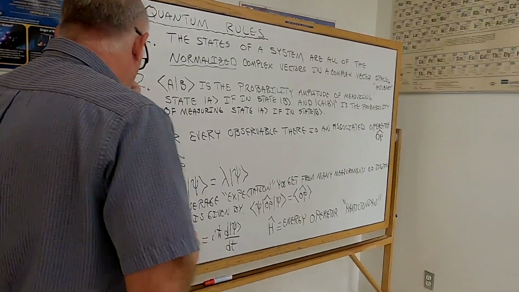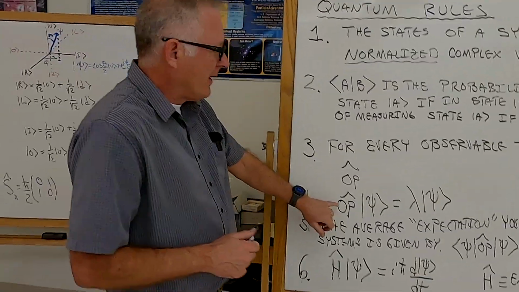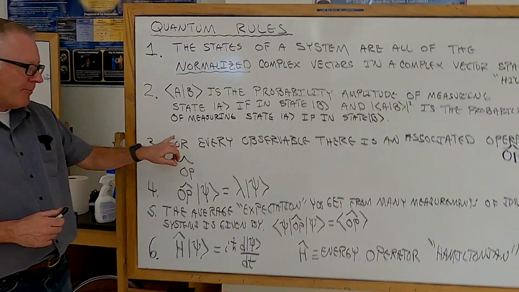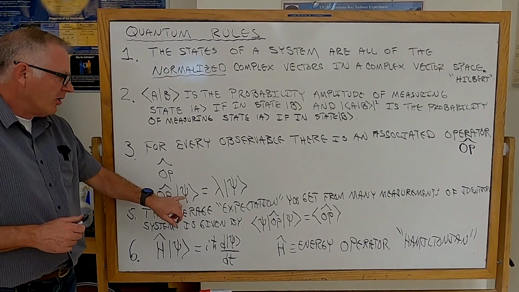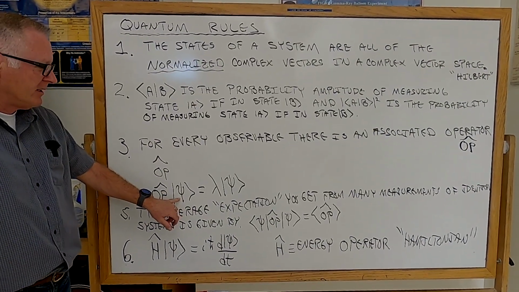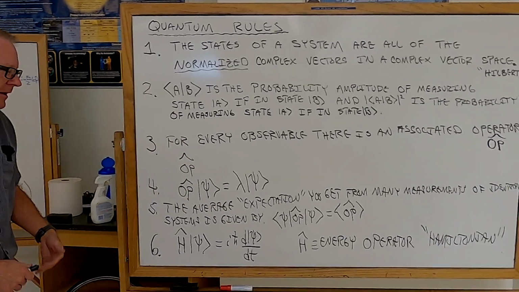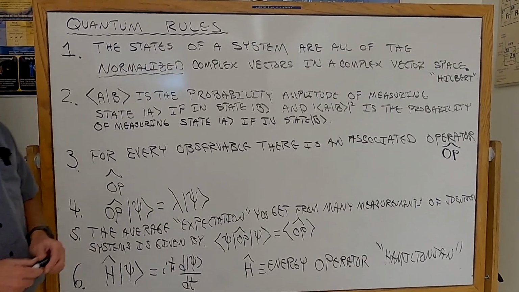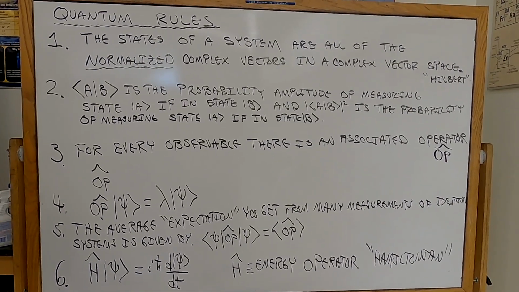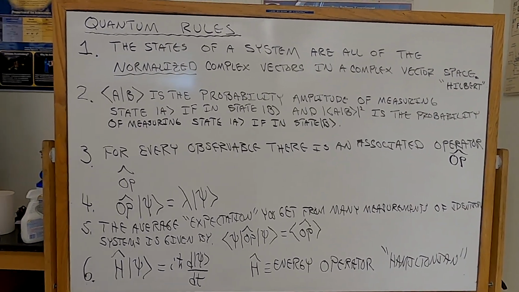Okay, and then we also said, here we have this eigenvalue. When we take this operator and operate it on our generalized wave function, it gives me all the possible results of that measurement times back on my wave function, or my state.